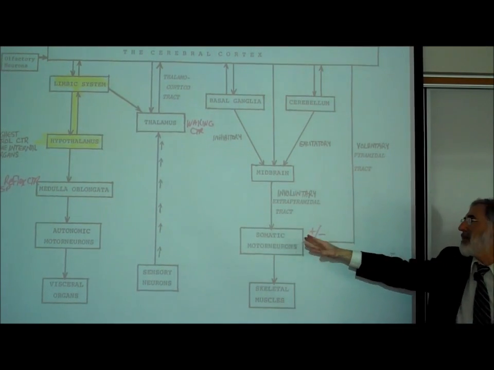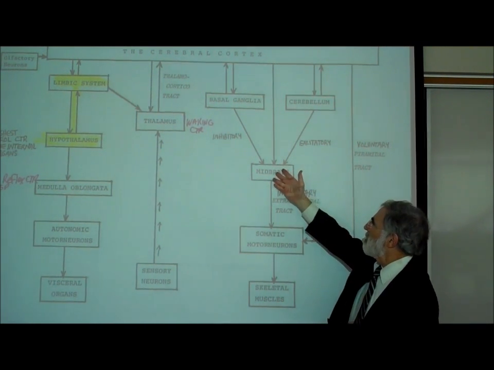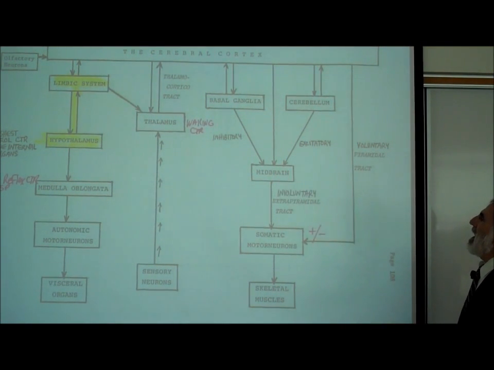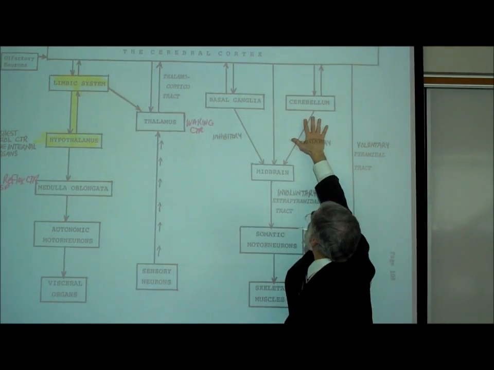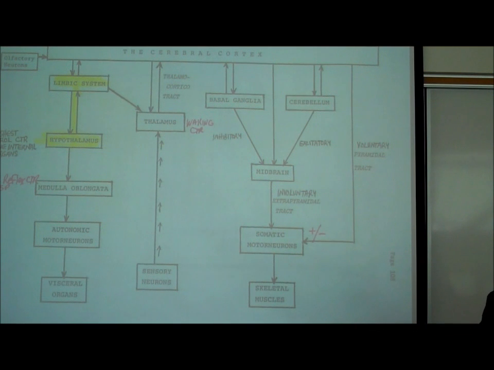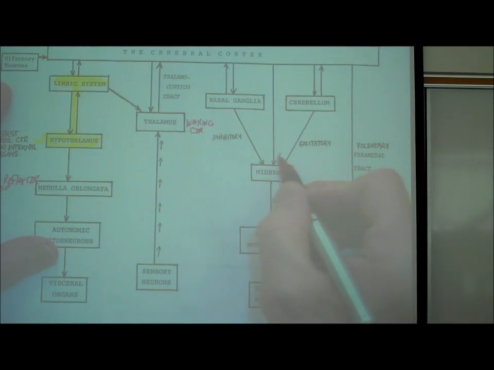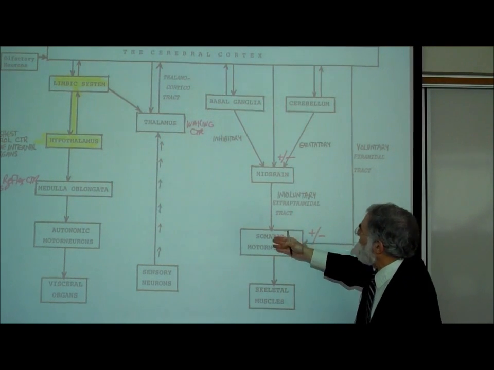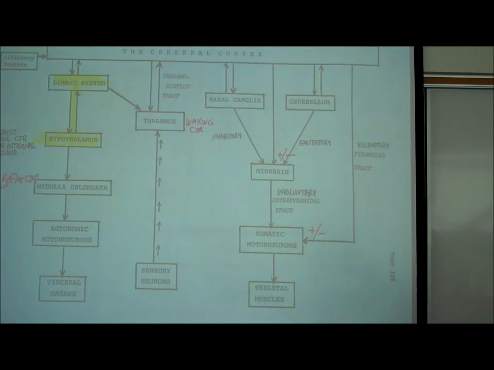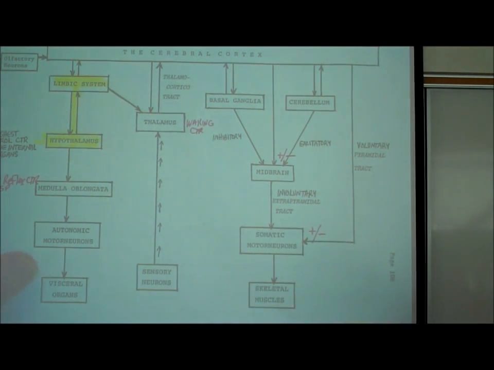The involuntary pathway, or extrapyramidal tract or extracorticospinal tract, originates in the midbrain. And it in turn is affected by signals from both the cerebellum and the basal ganglia. And the cerebellum can exert both excitatory and inhibitory influences on the extrapyramidal tract, which in turn exerts excitatory or inhibitory influences on the somatic motor neurons.